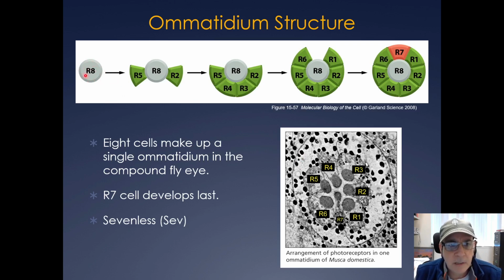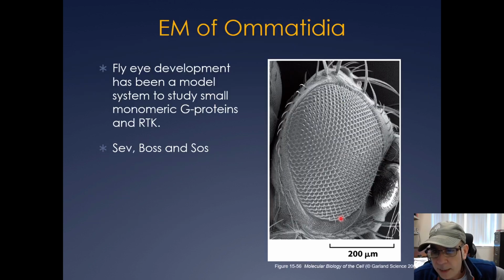The R8 cell develops first, and then that's followed by development of the R2 and the R5 cell, and then R3 and R4 cells develop, and then R6 and R1 develop, and the last cell to develop is R7. And so if we look here, you can see one single ommatidium, and you can see the various cells here. Here is R8, R1, 2, 3, 4, 5, 6, 7. And so if we go back, the 8 cells that we're talking about are in one single ommatidium here, okay?